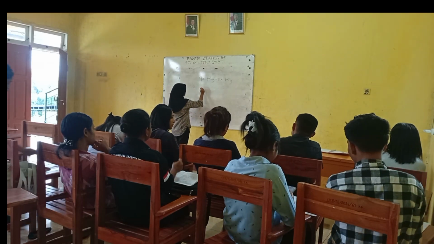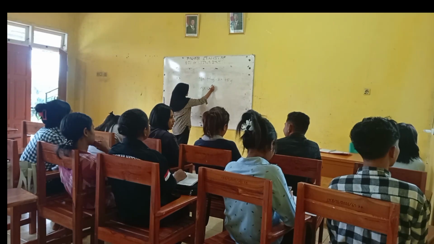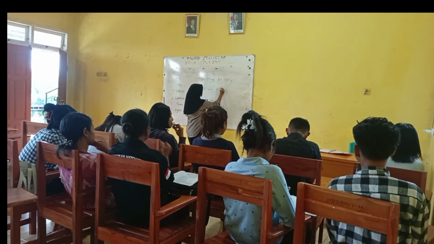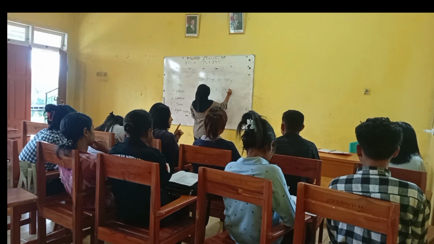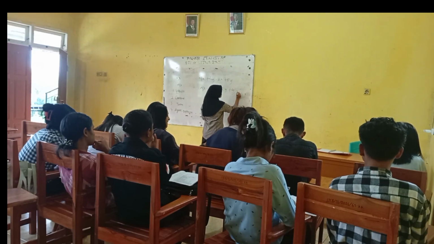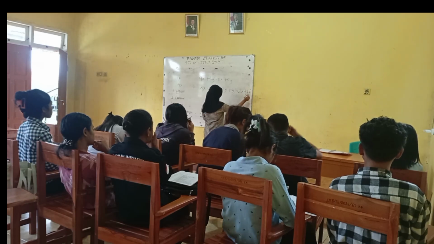That equals 4x minus 2x plus 2y plus 5y, which equals 2x plus 7y.